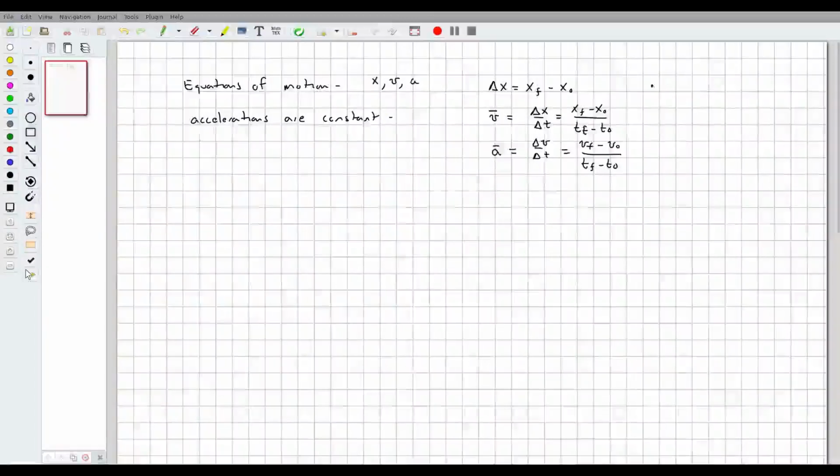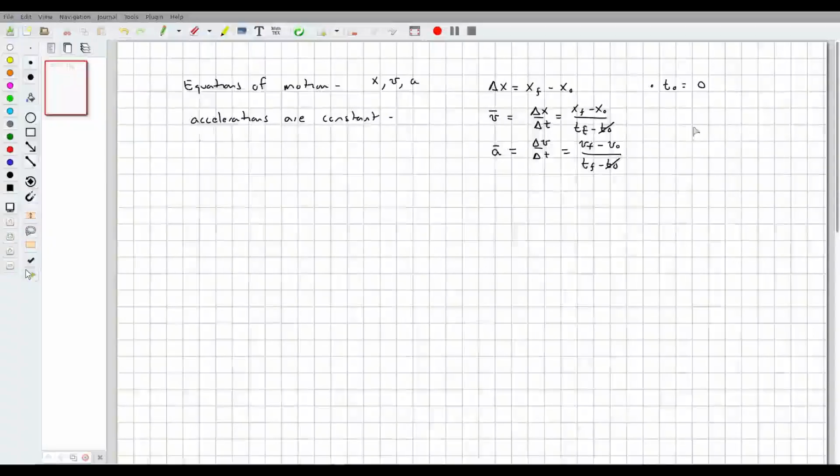The first assumption is that we're using a stopwatch, which means that all of our initial times are zero. We're always free to reset the stopwatch to zero and then just let the counter run. So, t naught is zero right here.